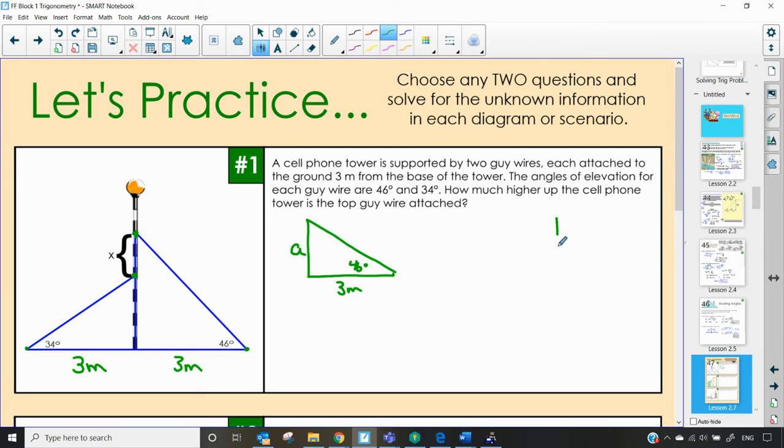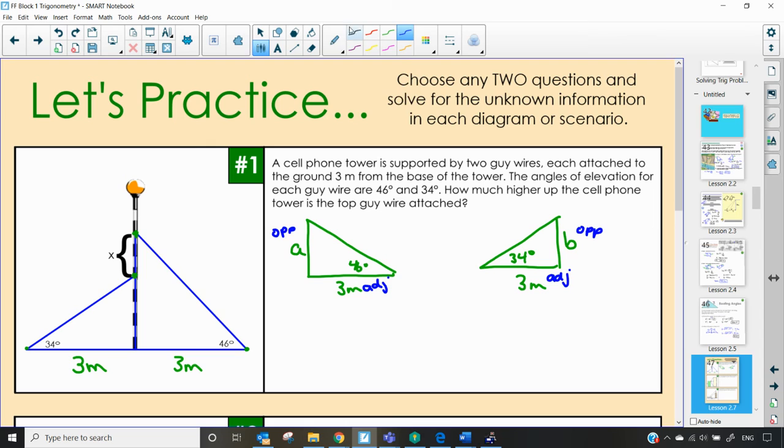And then I have another triangle that is also 3 meters away. I'm looking for this height, and I know the angle is 34 degrees. So labeling my triangles, A is opposite, B is adjacent, B is opposite, and 3 is adjacent.